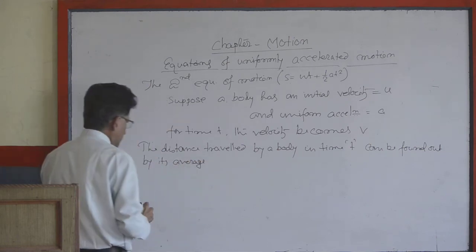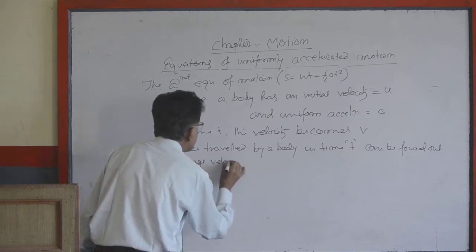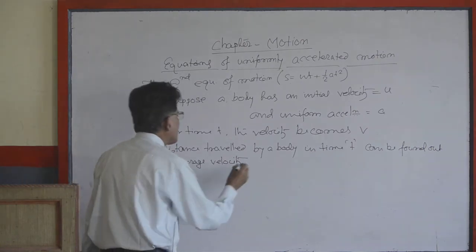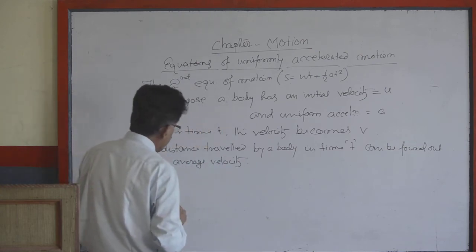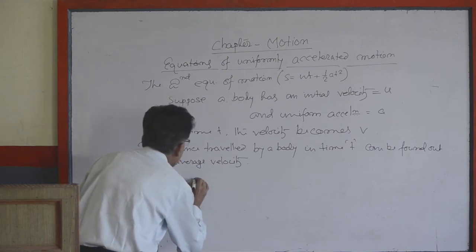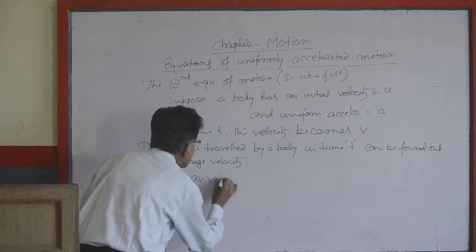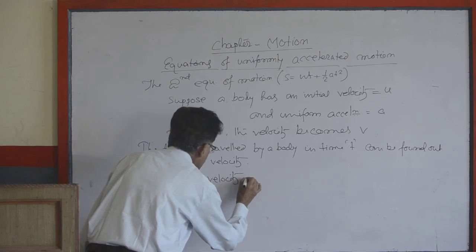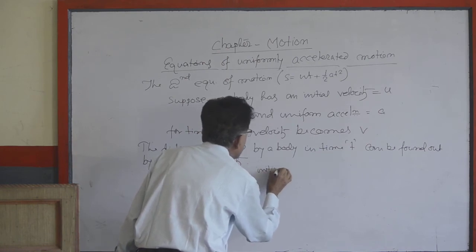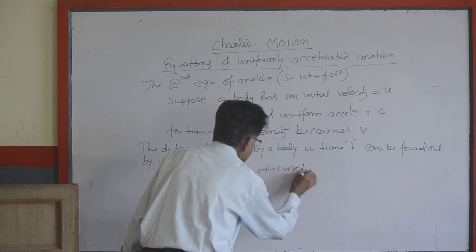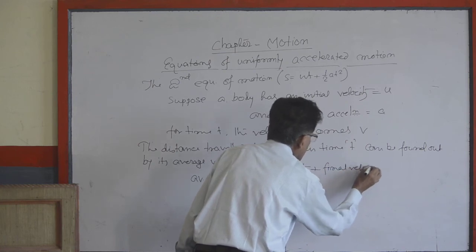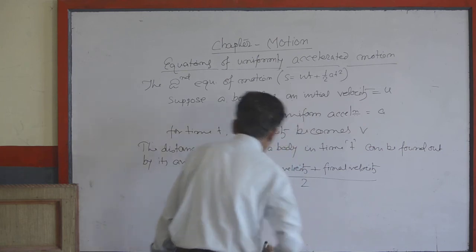Average velocity. From the previous lesson, we know that average velocity equal to initial velocity plus final velocity by 2.